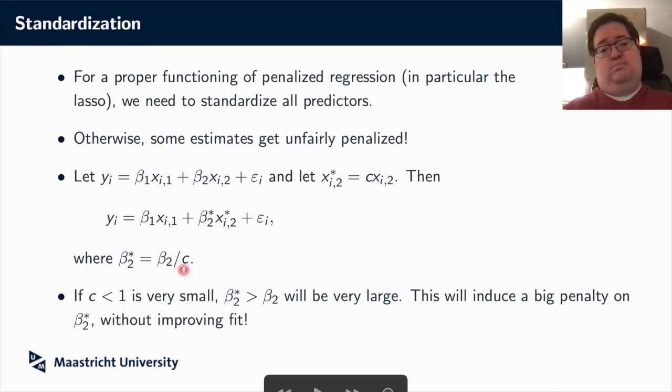And that means that actually you would get a much larger penalty on beta 2 star, whereas it does not actually change your fit. So this creates a very strange situation where you don't change the fit, but you do change the penalty by multiplication here.